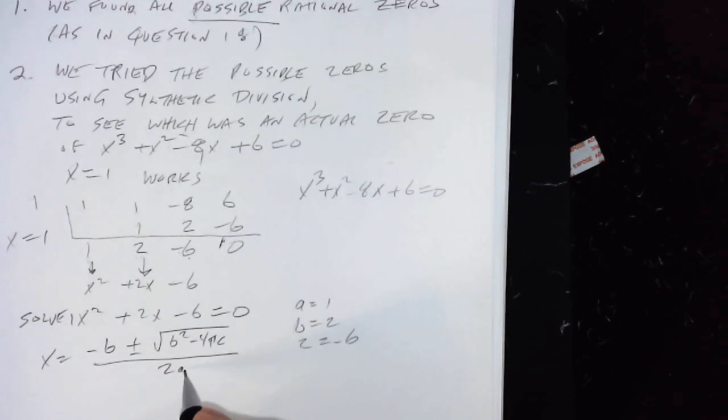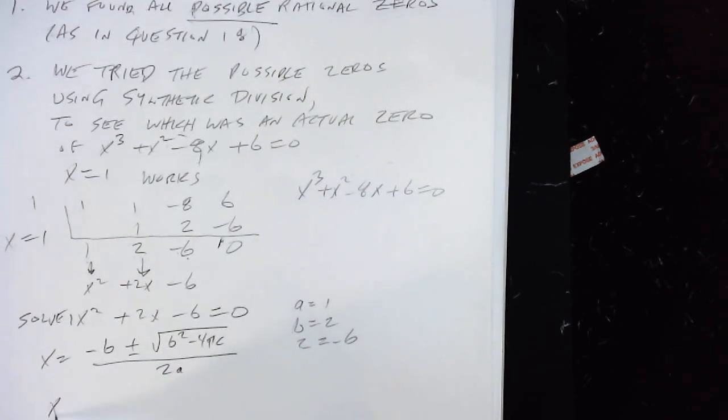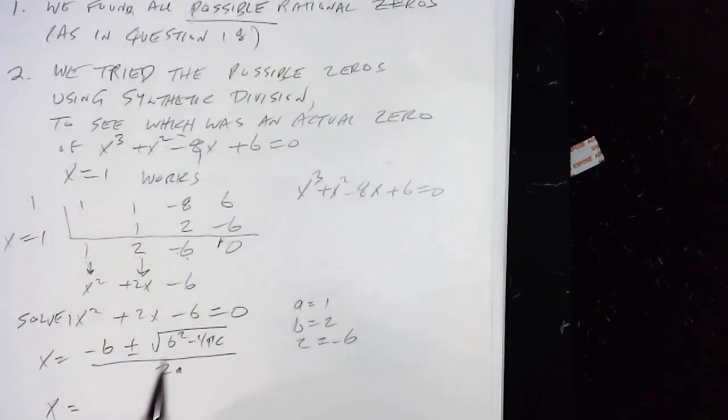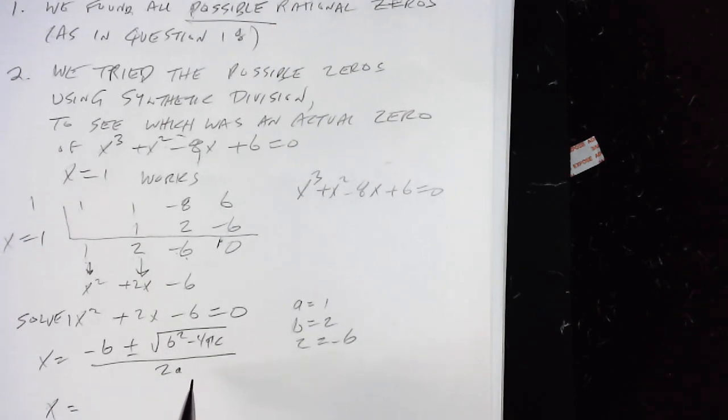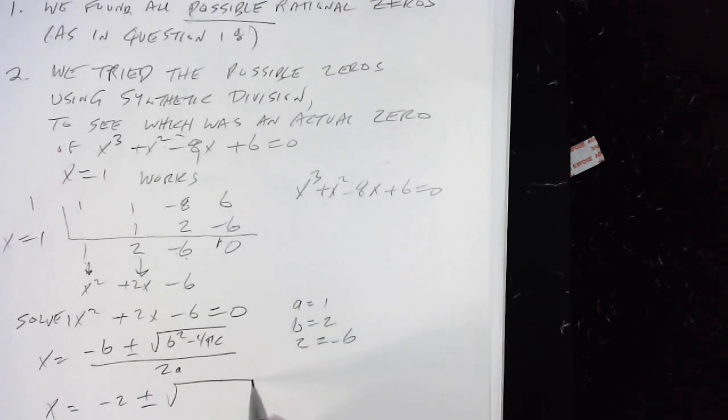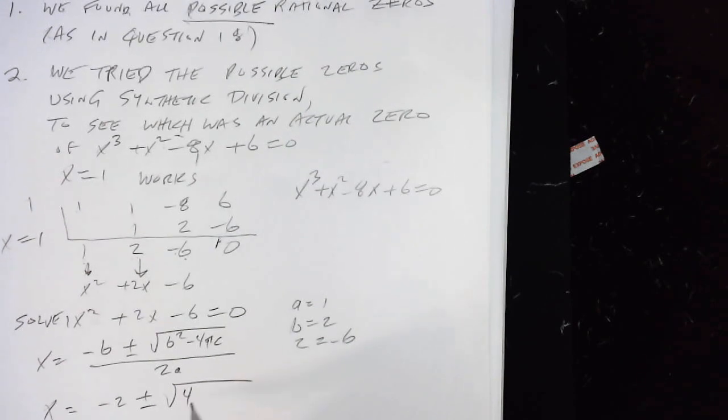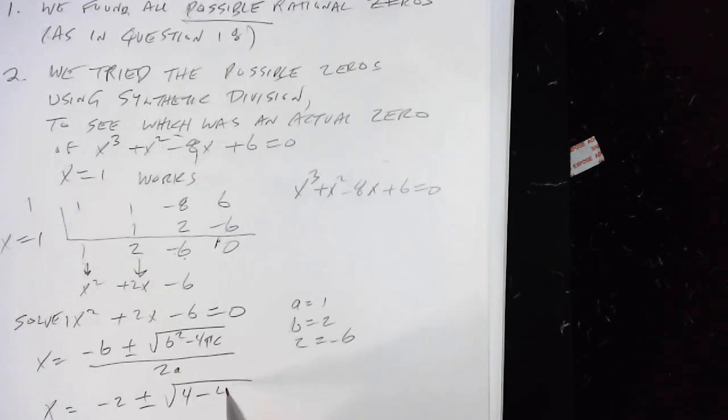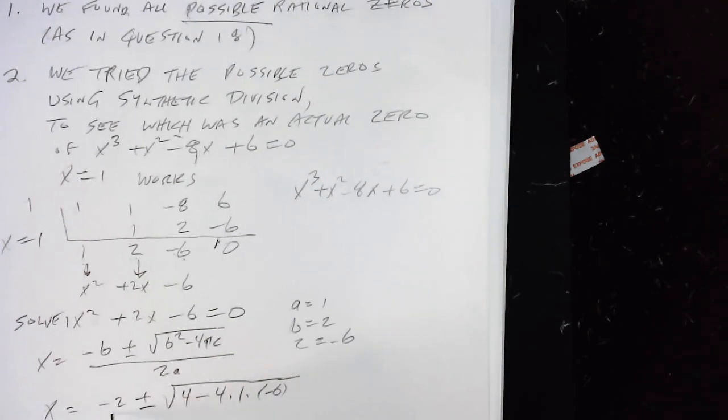Everything over 2a. So the x equals 1 is one answer to this equation. But the other two are going to be given to us by the quadratic formula. Negative b is negative 2, plus or minus the square root of b squared, 4 times 1 times negative 6, or rather, b squared minus 4ac, everything over 2.